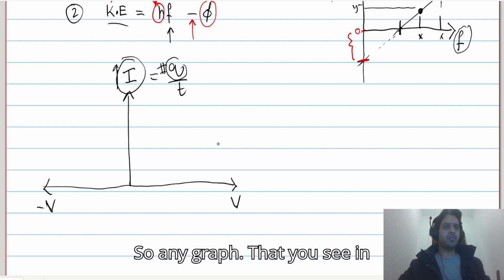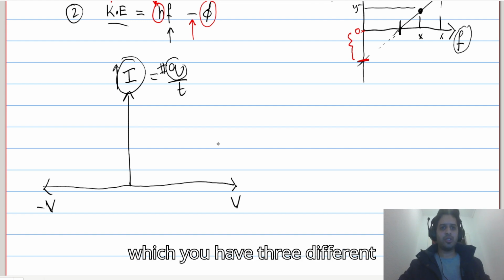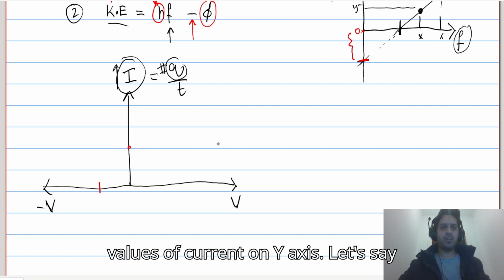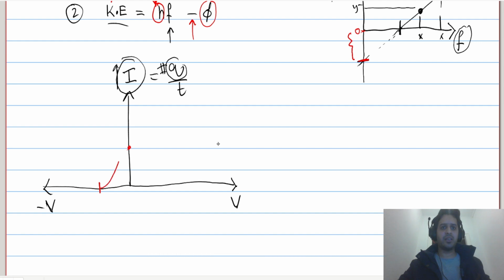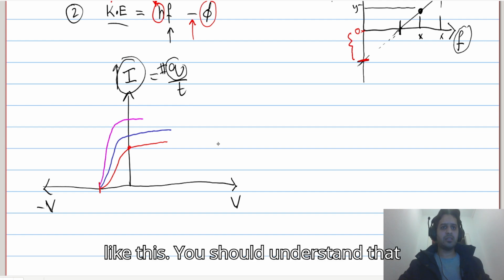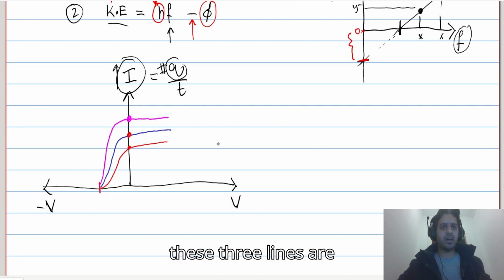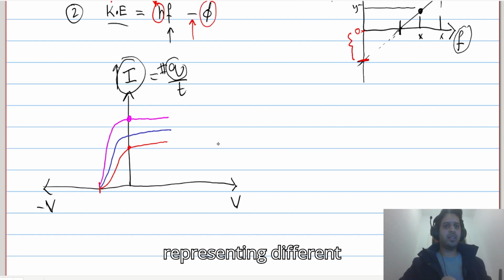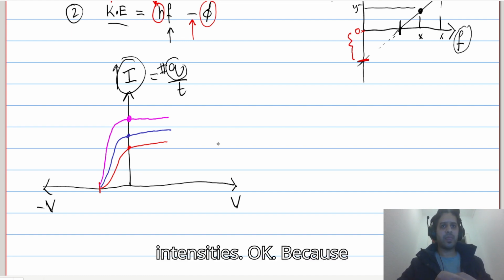So any graph that you see in which you have three different lines and they have different values of current on the y-axis, let's say like this, another line like this, and another line, let's say like this, you should understand that these three lines are representing different intensities, okay?